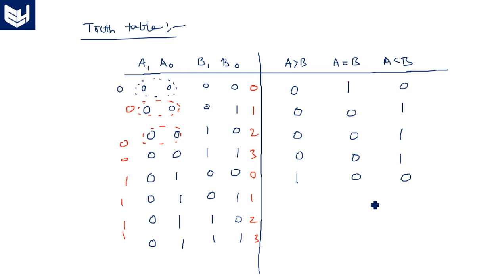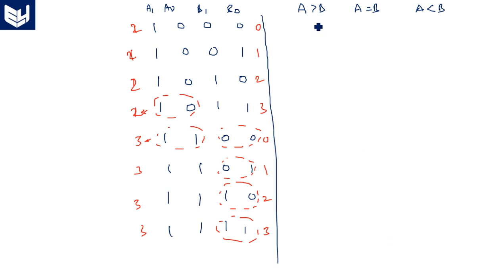Next A equal to B, next two are A less than B. Similarly here 2 0 means A greater than B, it is also A greater than B, and it is A equal to B, and it is A less than B.